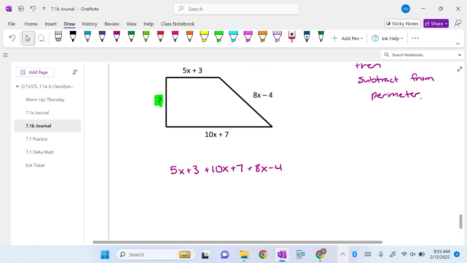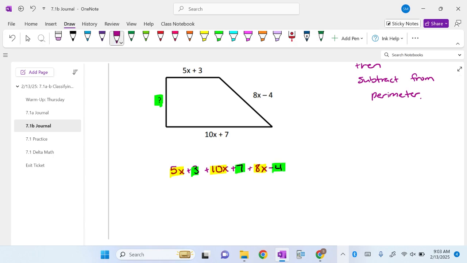And to do that, we just combine like terms. So my like terms here are what? Your x's first, and then your constants. So that means I have 5x plus 10x plus 8x plus 3 plus 7 minus 4.